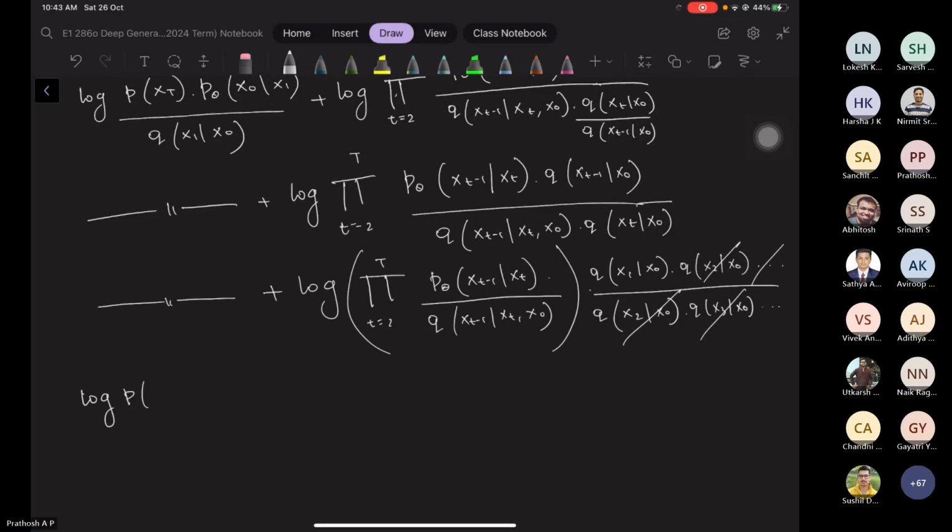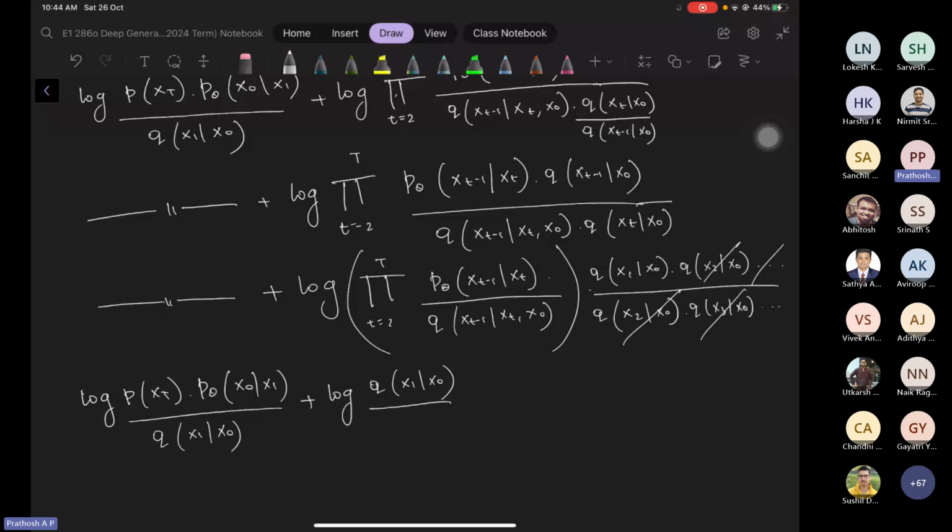Log of p of xt into p theta of x naught given x1 divided by q of x1 given x naught, plus log of, only two terms would survive. What are those terms? We have q of x1 given x naught, that is the first term that would survive in the numerator. In the denominator, we will have q of xt given x naught.